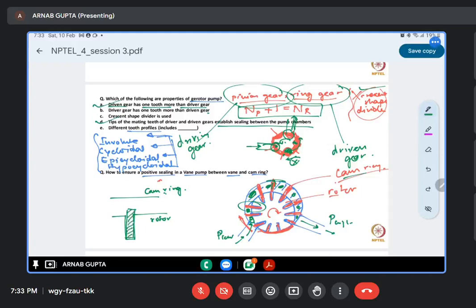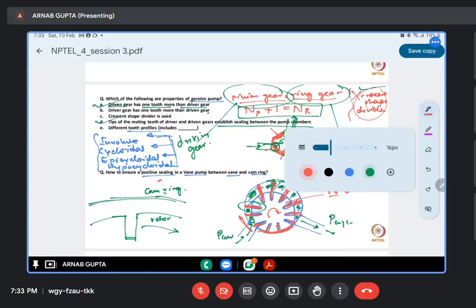Now what happens? As soon as the rotor starts rotating, I'm just providing some curvature here, the vane will be pushed outside due to the centrifugal force. And by the action of that centrifugal force, it will go and try to touch here.